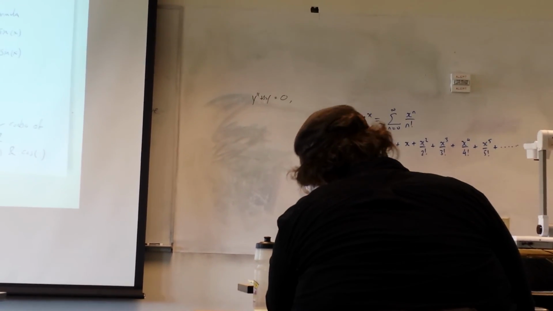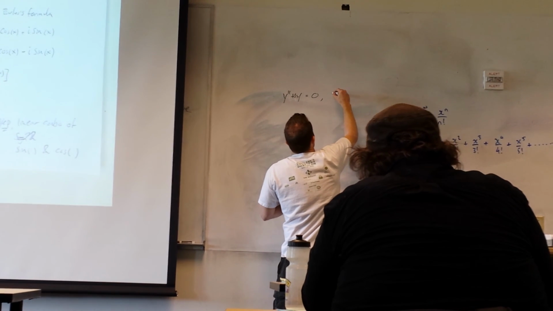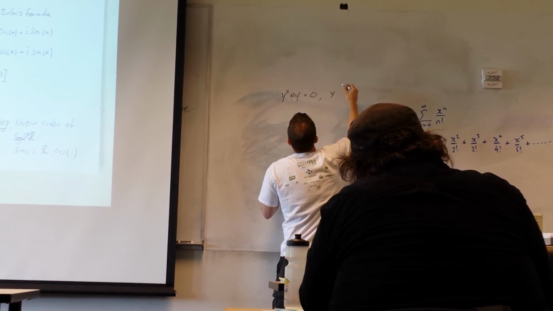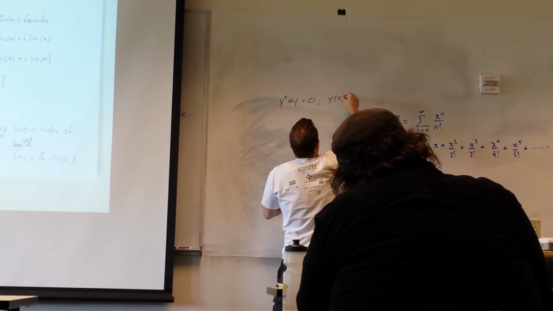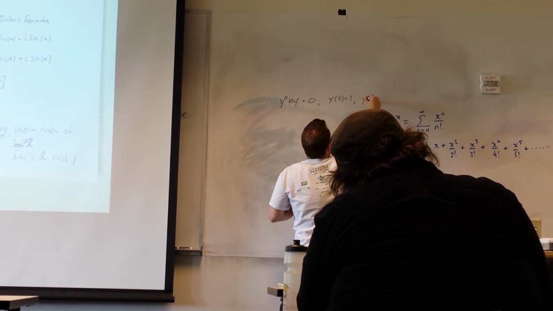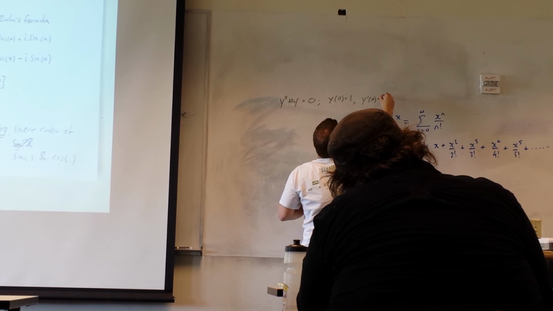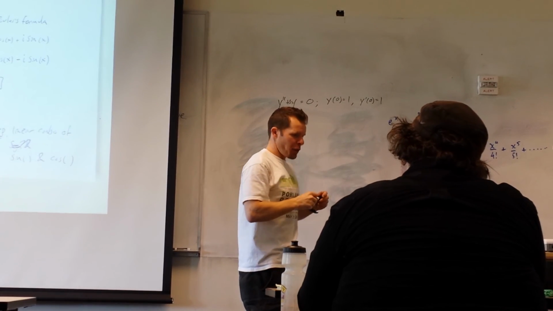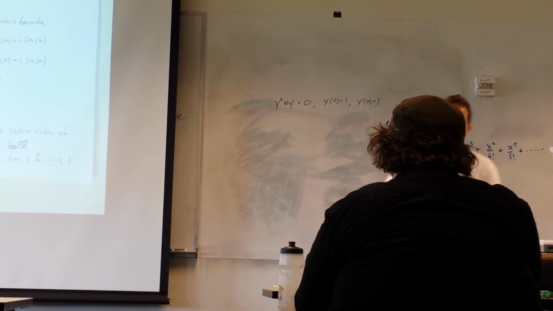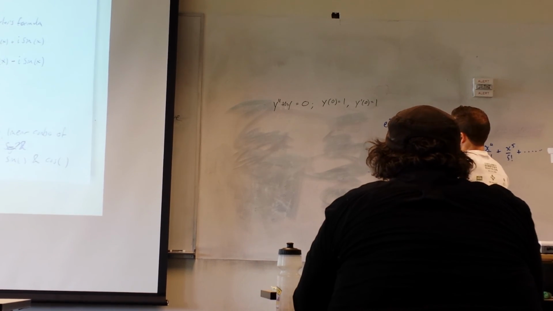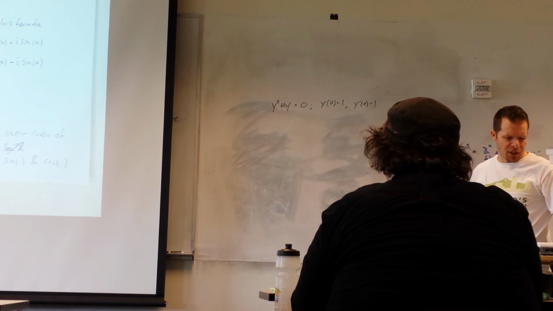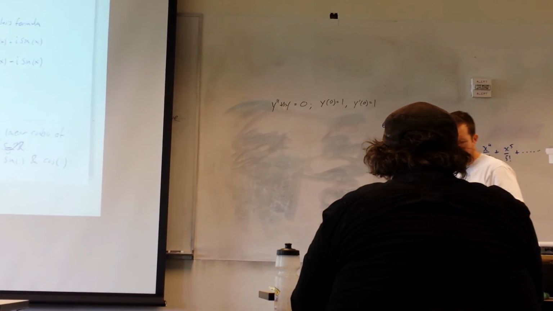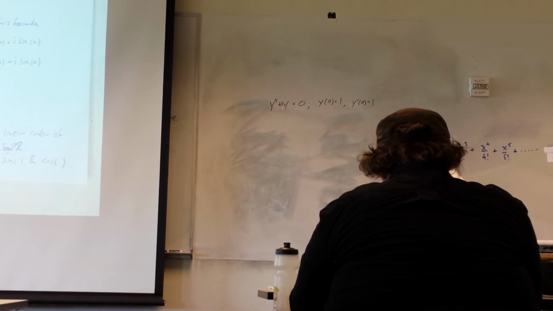So this says that there should be one and only one solution that satisfies two given conditions. Say y of 0 equals 1, and y prime of 0 equals 1. That theorem says that there should be one solution to that, and only one. And we saw that a general solution involves sine and cosine. It should be able to be written as a linear combination of those functions.